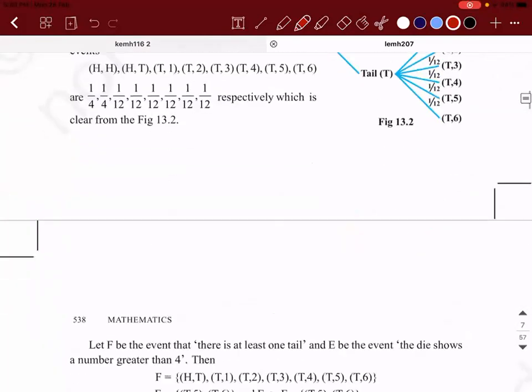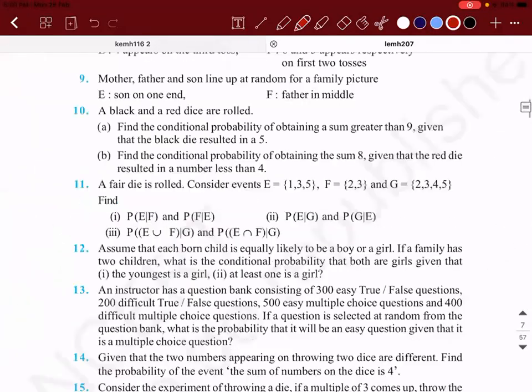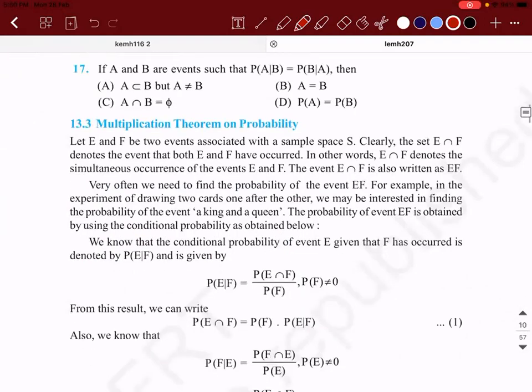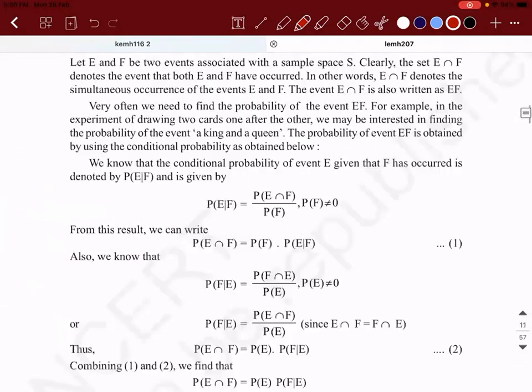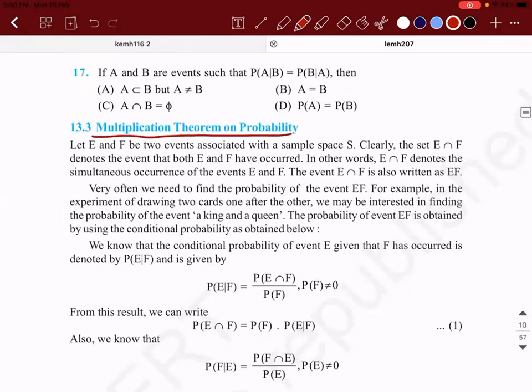Right. So are you guys clear with this? You guys can do this exercise, right? Yes or no? Yes. Okay. So I'm moving on to the next one, that is multiplication theorem on probability. It comes from the concept of conditional probability only, it's just rearranging the mathematical expression.